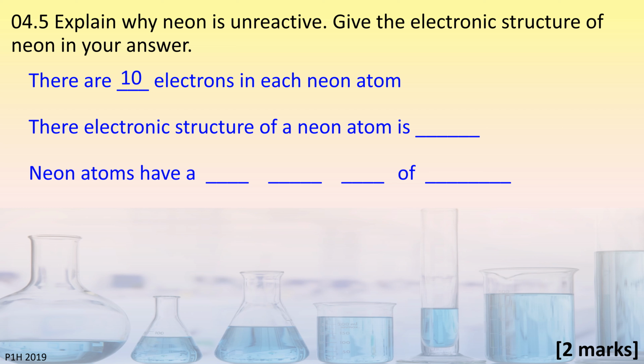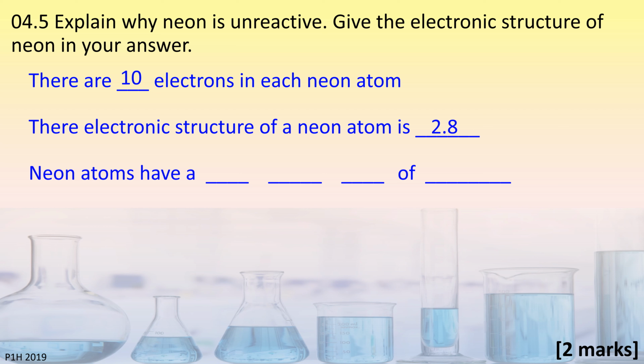So we said earlier that there are 10 protons in each neon atom. We get that from the proton number on the periodic table. Protons are positive, atoms are neutral, and the only negative subatomic particle is the electron. So if there are 10 protons in each neon atom, there must be 10 electrons.